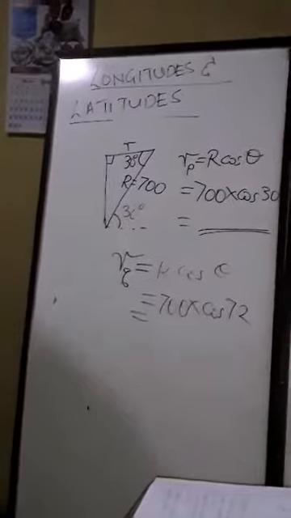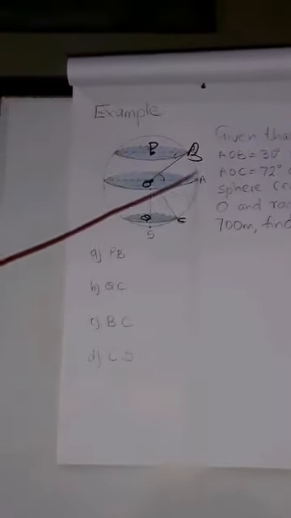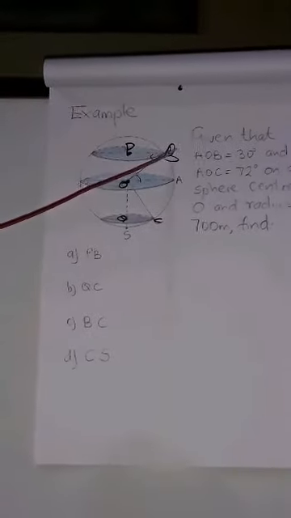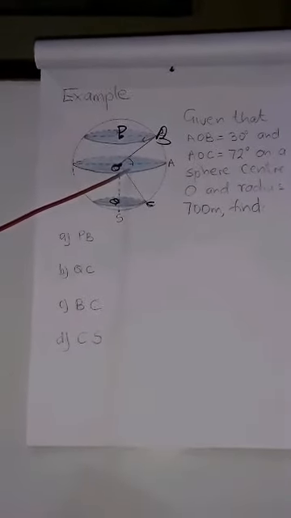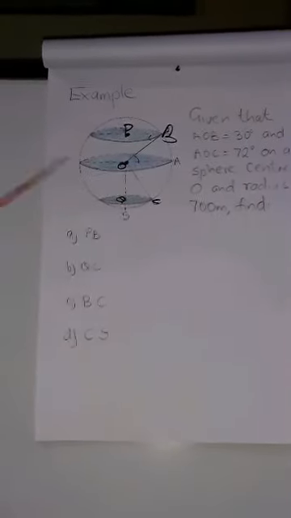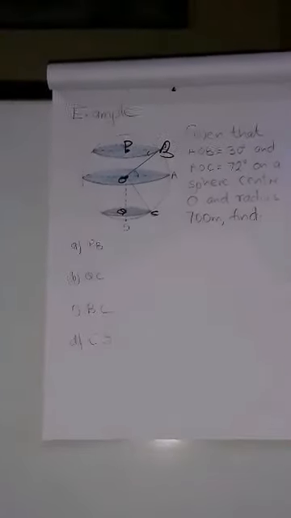All right. BC. Where is BC? BC is an arc length. BC subtends an angle. If this one was 30 and this is 72, the total angle subtended by BC is 30 plus 72, isn't it?